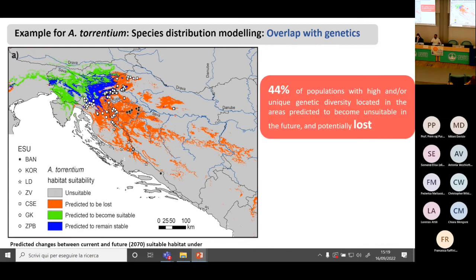According to this model, 44% of populations with the highest or unique genetic diversity are located in areas predicted to be lost, and that includes 3 evolutionary significant lineages. So the future is not so bright, but we are working on some solutions and some ways to help them survive, because they are keystone species and they're really important, not only for the health of fresh waters, but also at the end for all of us.